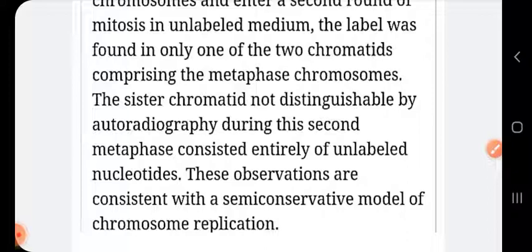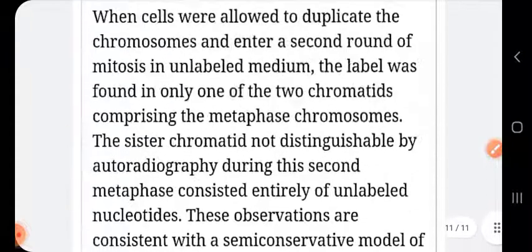That's why we cannot observe it in autoradiography in the second round of cell division, that is metaphase 2. These observations are consistent with the semi-conservative model of chromosome replication.